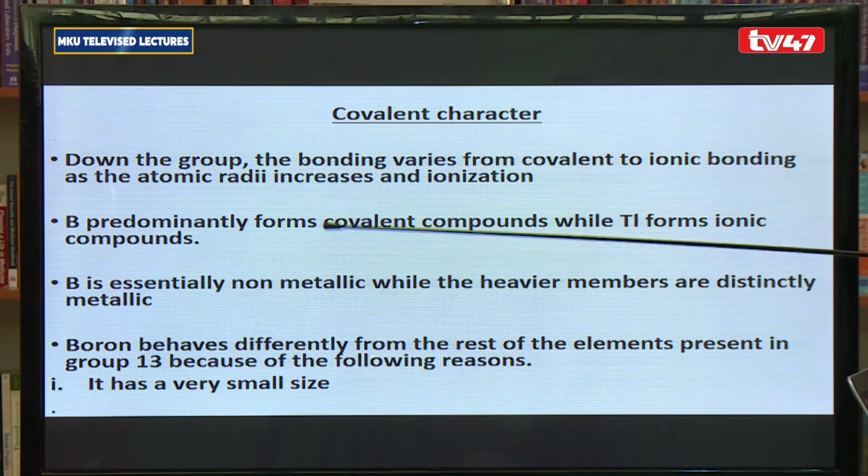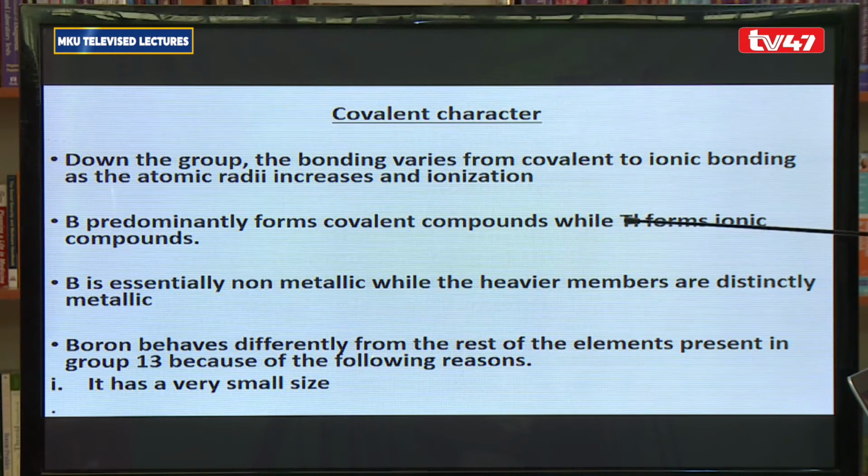So as we move down the group, the bonding varies from covalent to ionic as the atomic radius increases, and losing an electron becomes easier. Boron forms predominantly covalent compounds, while thallium forms ionic compounds. That is because of the difference in atomic radii.